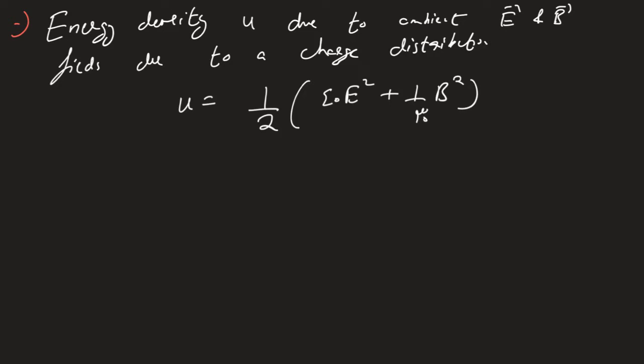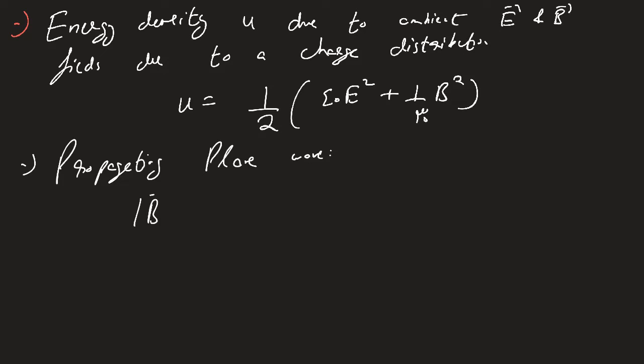But if you have a propagating plane wave, then we saw last time that the magnitude of the B field of that plane wave, alongside the propagating electric field, is 1 over C times the amplitude of the electric field.